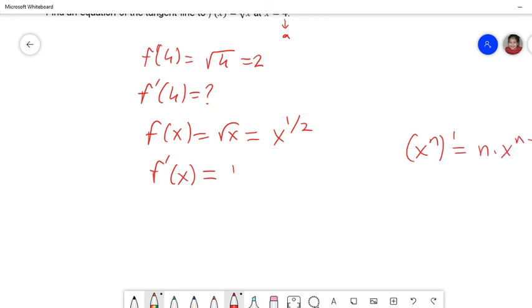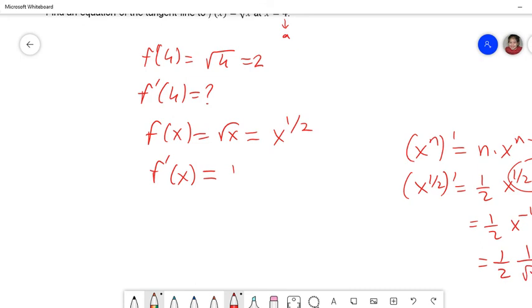Let's use it here: it will be 1 over 2 times x to the 1 over 2 minus 1, which is x to the minus 1 over 2. This will be 1 over 2 times 1 over square root of x, so f prime of x is 1 over 2 square root of x.